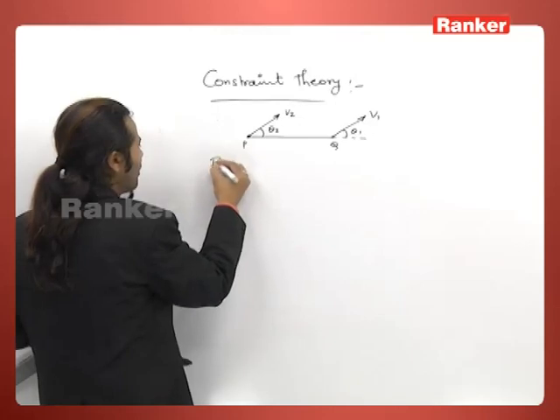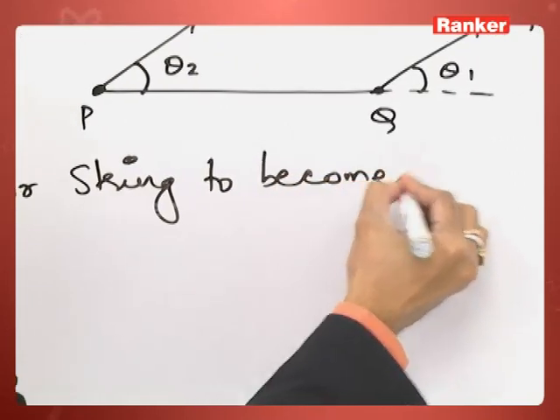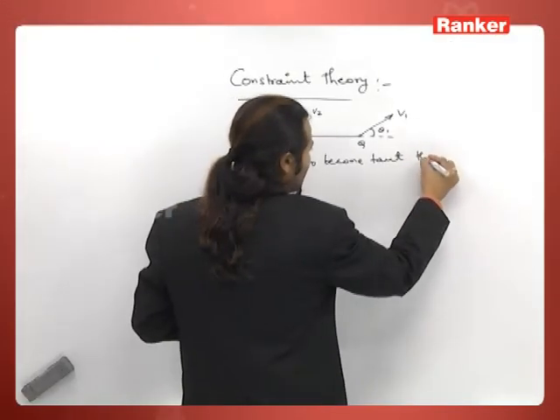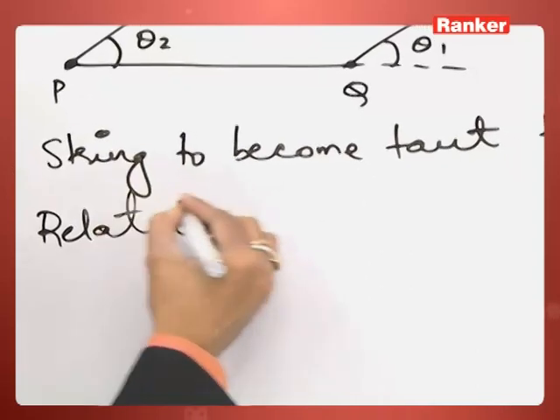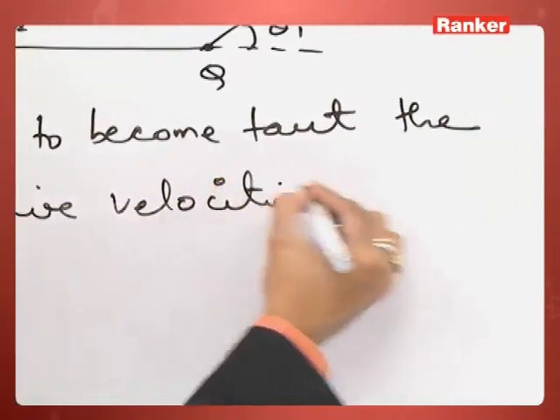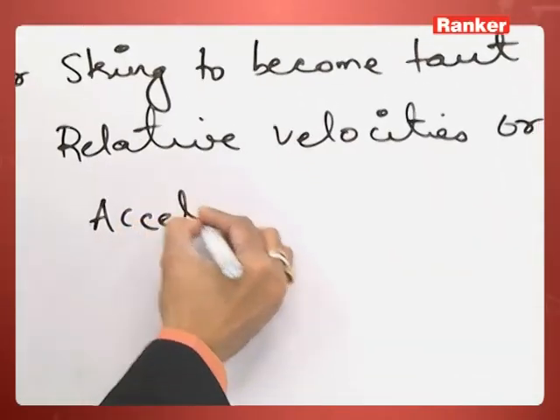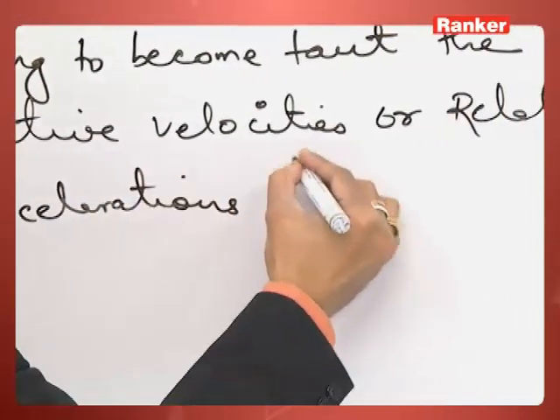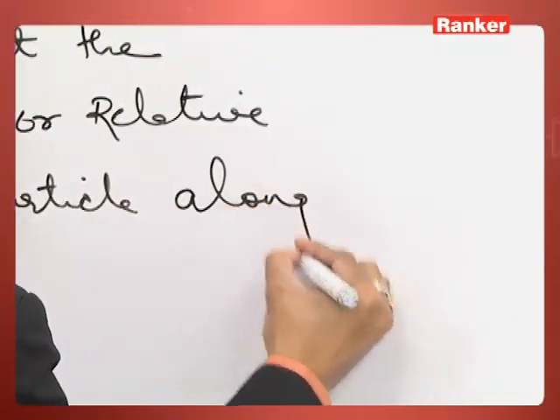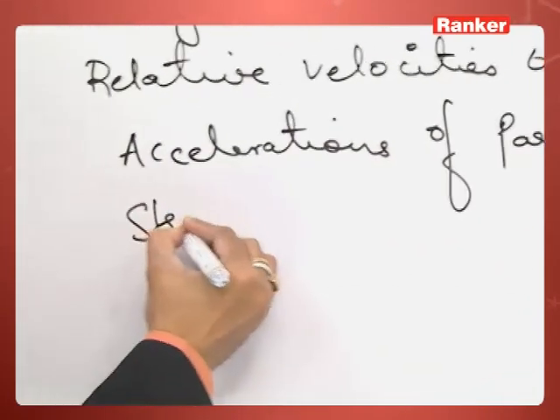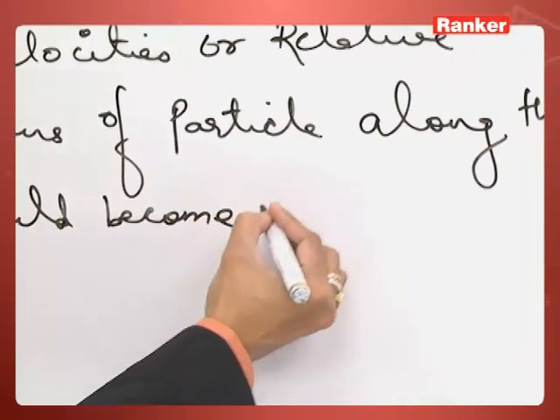So here I can write, for the string to become taut, the relative velocities or relative accelerations of the particles along the string should become 0.